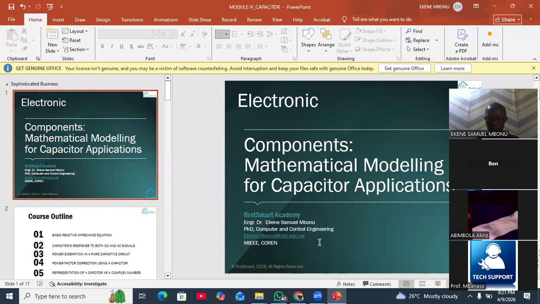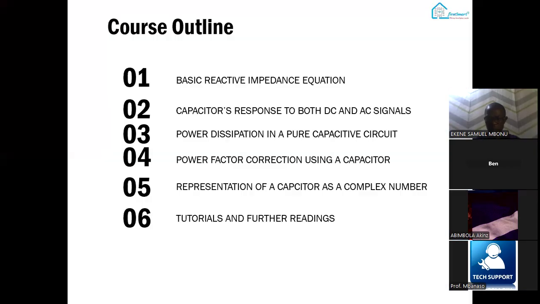Today we are looking at basic reactive impedance equation. We will look at capacitor's response to both DC and AC signals. We've talked about this, but not in details, during the last lecture. So we look at it, especially the way it has to do with AC signals.